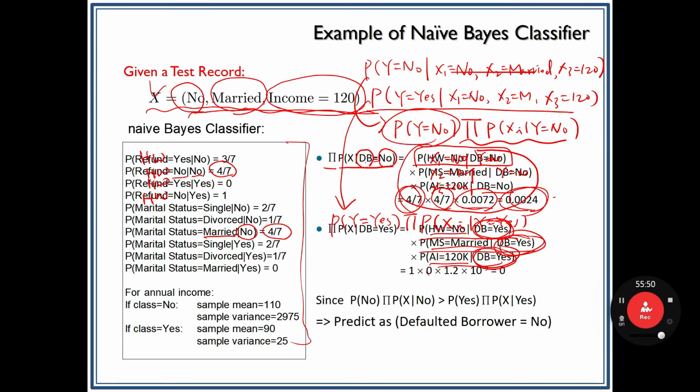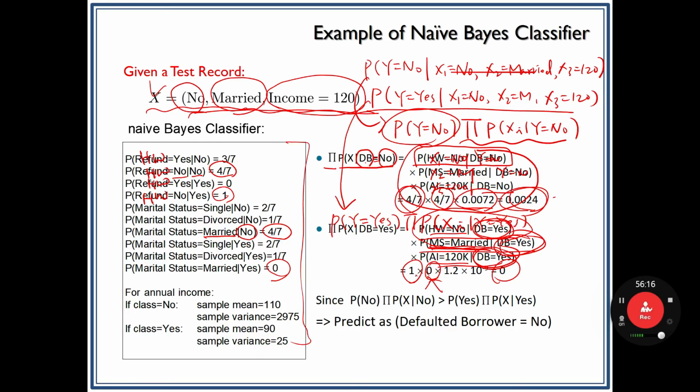The first probability, homeowner is no given y is yes, is 1, and the probability that marital status is married given defaulted borrower yes is 0. So 0 comes here, and the product of these probabilities becomes 0 because of this one.